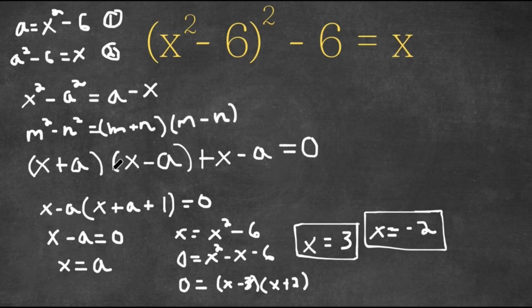However, there is still another equation. We still have x plus a plus 1 equals 0. So if x plus a plus 1 is equal to 0, that means that x is equal to, I'm going to subtract everything and move it to the right hand side, negative a minus 1.